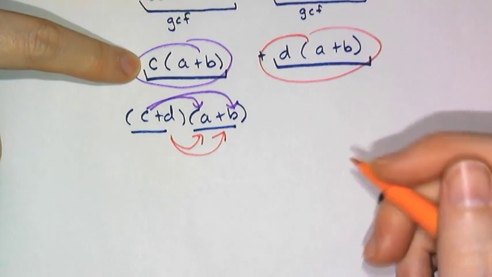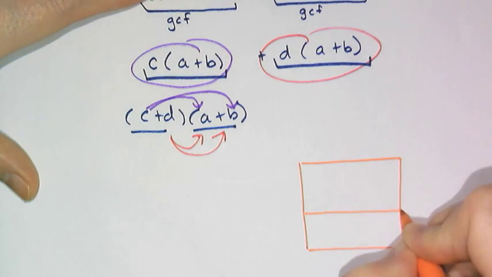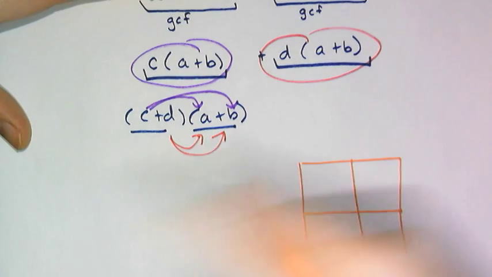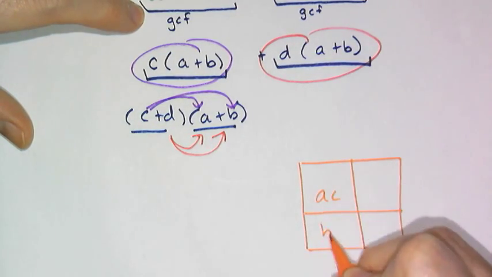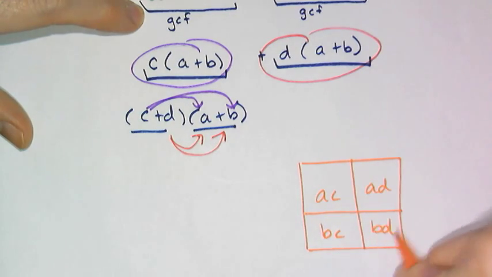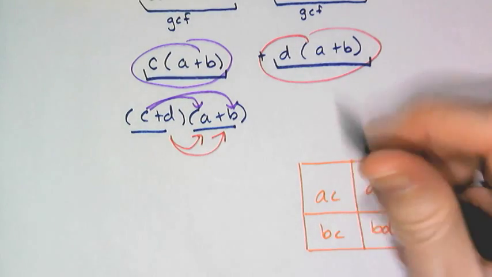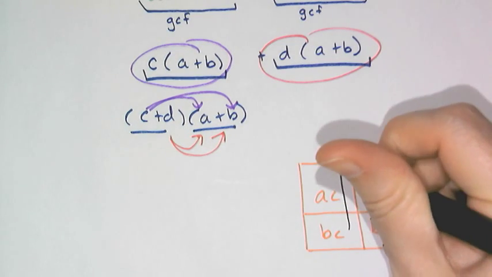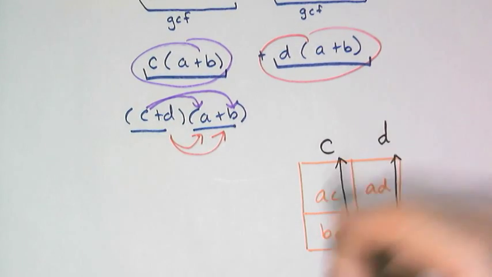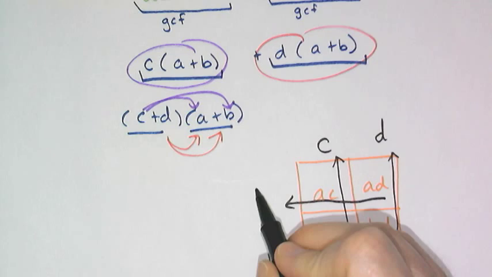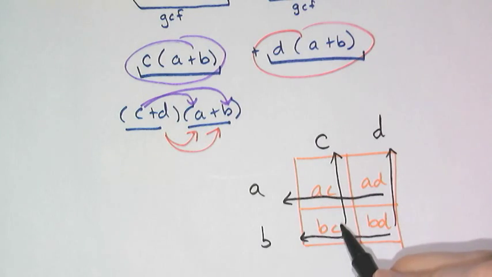So to offer another visual representation of this, let's think about geometrically what this multiplication means. If I put these 4 terms into these 4 boxes, AC, BC, AD, BD, and if I look at each of the rows and each of the columns and think about what the GCFs of the columns and rows were, well, this column's GCF is C, this column's GCF is D, this row's GCF is A, and that row's GCF was B. And so where do these 4 blocks come from?